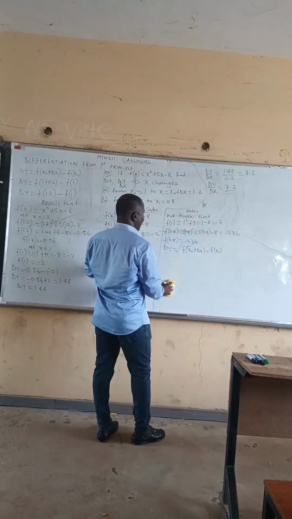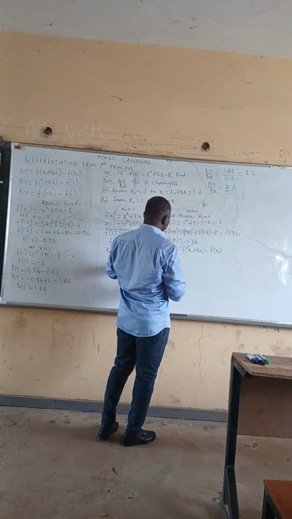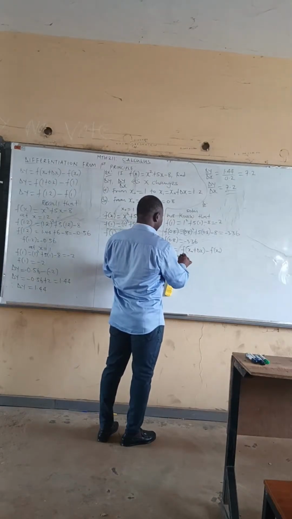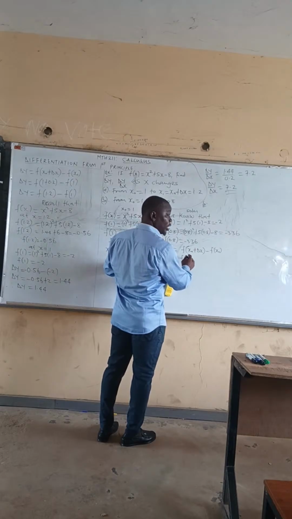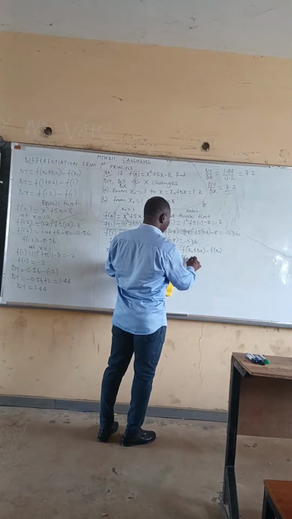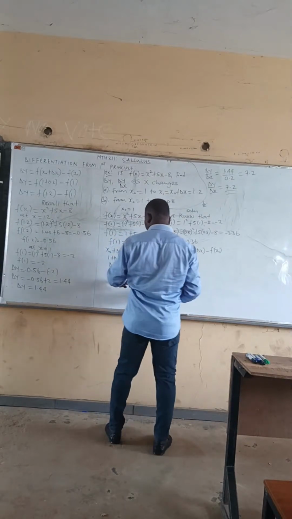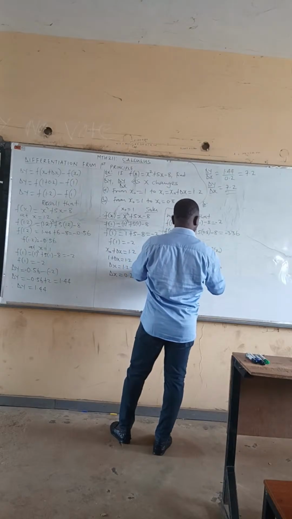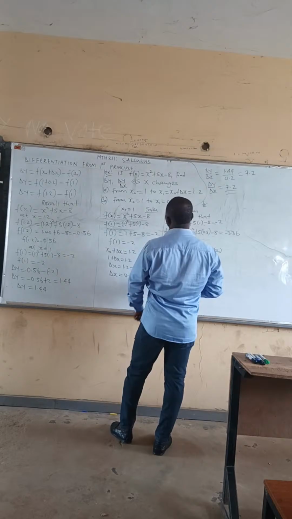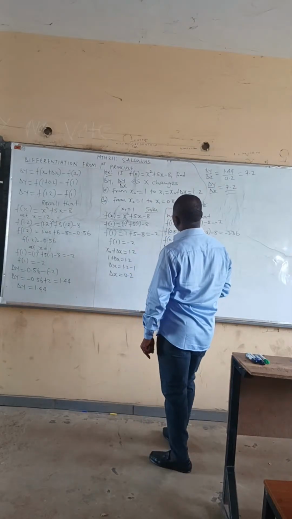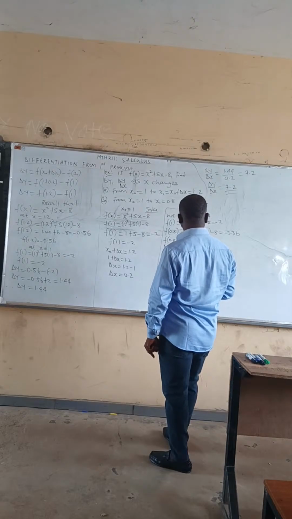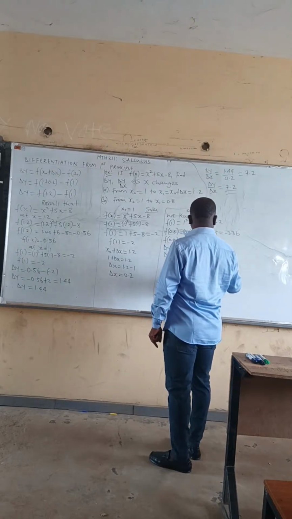So it implies that our dy is equal to 1 plus 0.2 minus 1.2, right? Yes, 1.2.